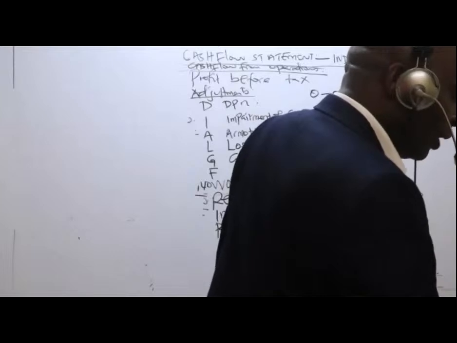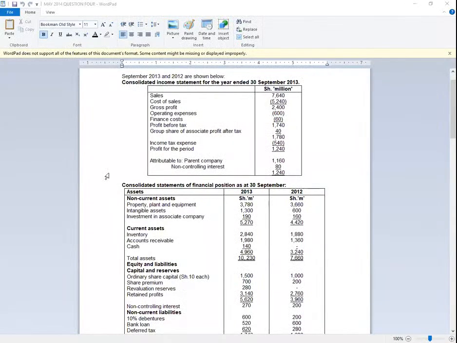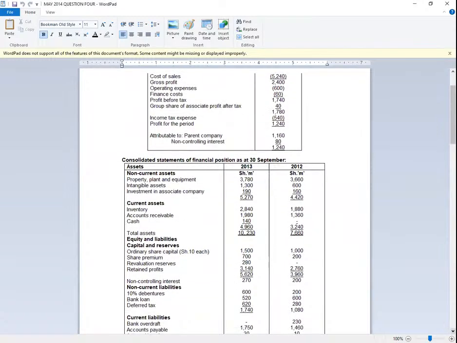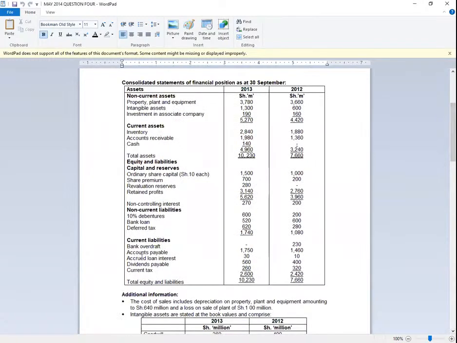So for trade payables, are you able to see the trade payables here under the liabilities? You can see accounts payable here. The opening is 1460, minus 1750.